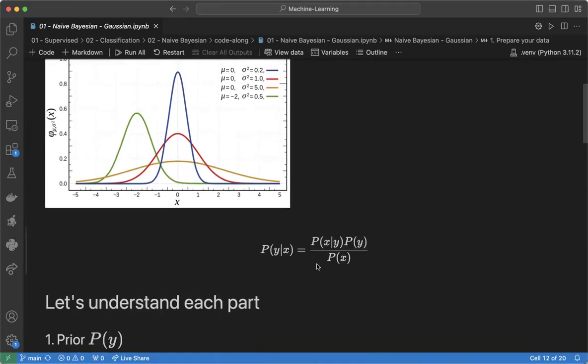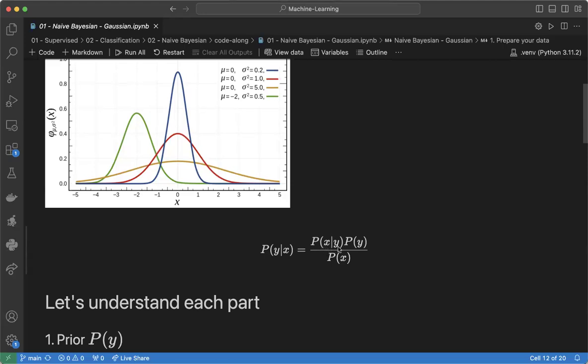It states that the probability of Y, so the probability of whether it should be class 0, 1, 2, or 3, given X. Basically it's the same question I'm trying to ask: I have some X test and I'm trying to predict the probability of Y. According to the naive Bayes equation, it's equal to the probability of X given Y, and what is this?